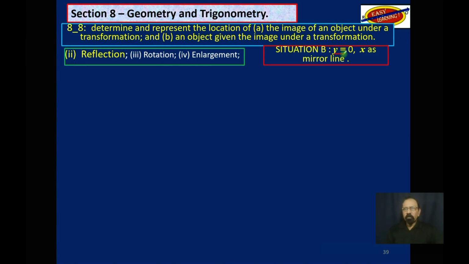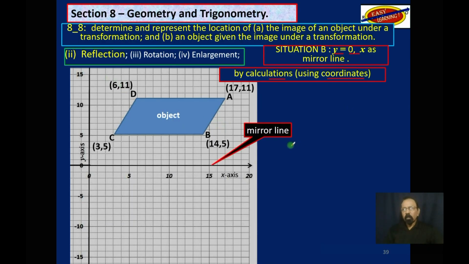Now, let's do this by calculation using coordinates. So we have coordinates now. That is the mirror line. What formula will we use? Well, when y is equal to 0 and we are taking the mirror image, each point on the object becomes basically the same thing, except the y values are now negative on the image.